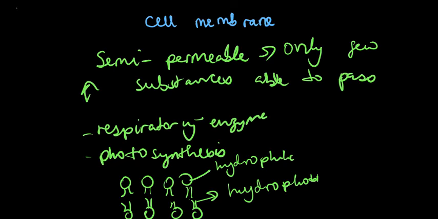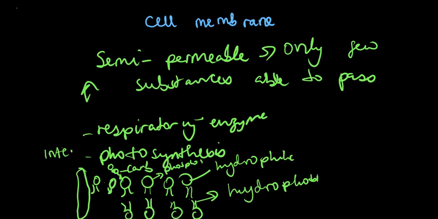Now within this lipid bilayer you find several things like carbohydrates, other things like phospholipids, and other things which I'm just going to draw here. You're going to find within it what we call an integral protein.